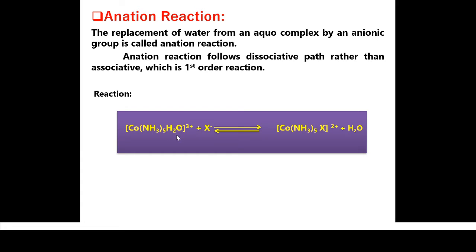The replacement of water molecule by this anionic group gives the product along with water molecule. This is nothing but your anation reaction. And this reaction follows SN1 path, that is the dissociative path, which is the first order reaction, because your rate of reaction only depends on concentration of this complex or concentration of this substrate only.